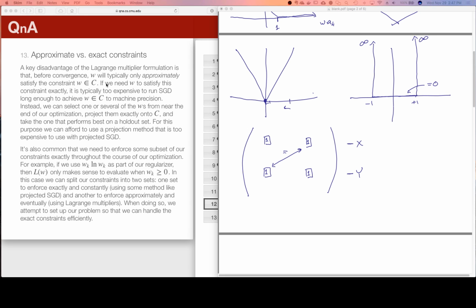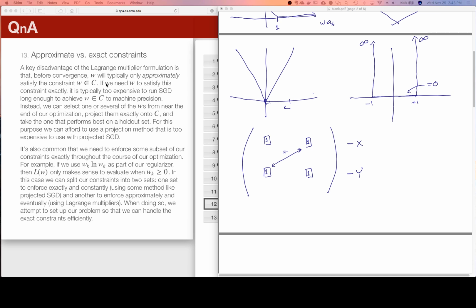Basically, projected and prox SGD are very similar. They can both handle simple-ish constraints. In particular, you have to be able to compute the projection or the prox function efficiently. But they satisfy their constraints exactly at the end of every step. When you project onto a constraint, by definition, you get a point that satisfies that constraint.